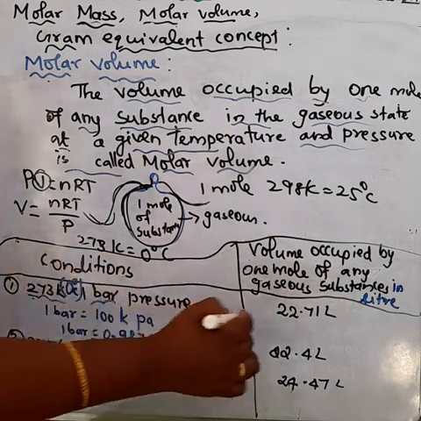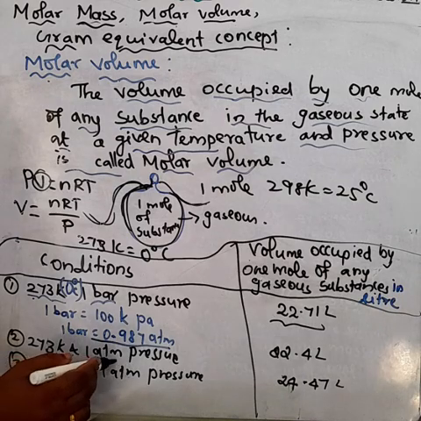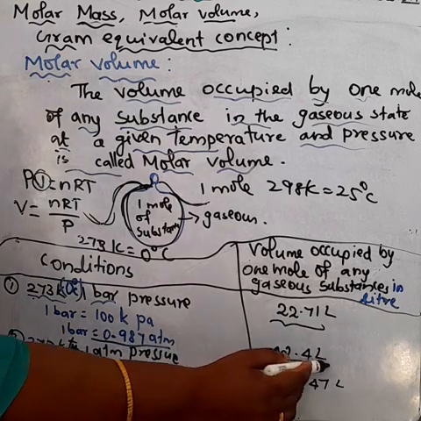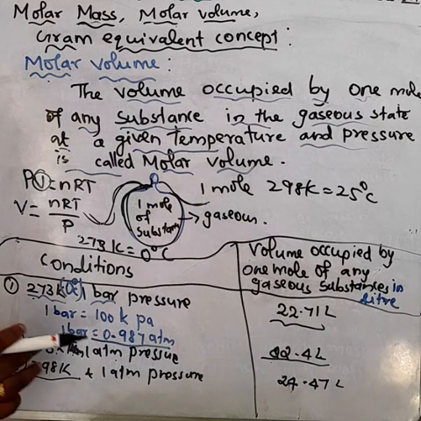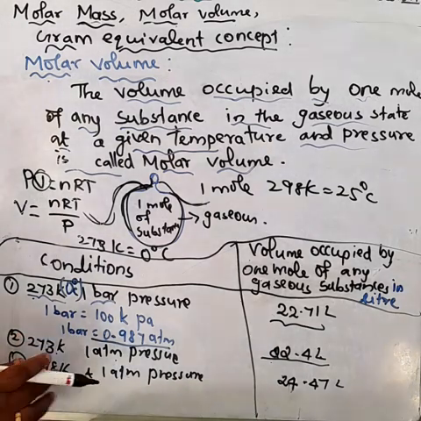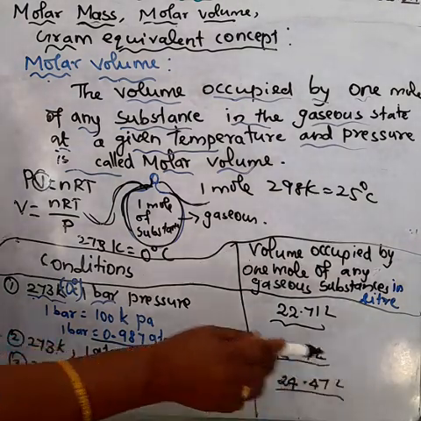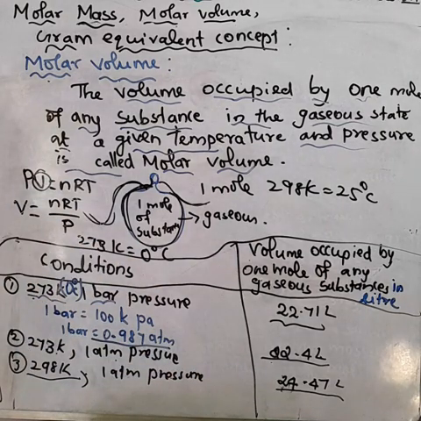Second condition: at 273 Kelvin temperature and 1 atmospheric pressure, the volume occupied by the gas is 22.4 liter. Another condition at room temperature, 298 Kelvin and 1 atmospheric pressure: how much volume is occupied by 1 mole of gas? 24.47 liter. Understood? These are about the molar volume of gas.